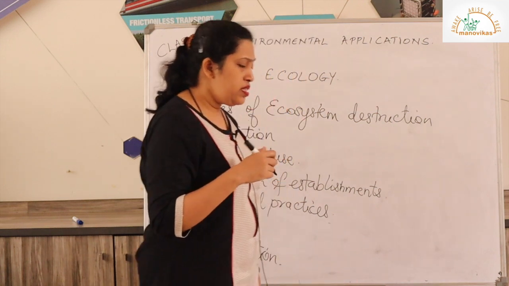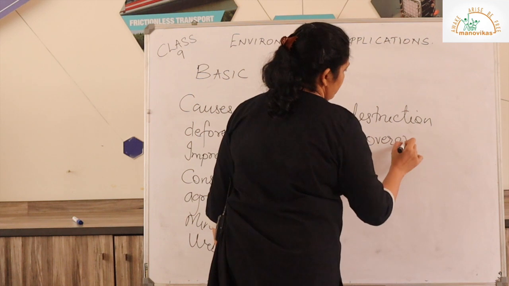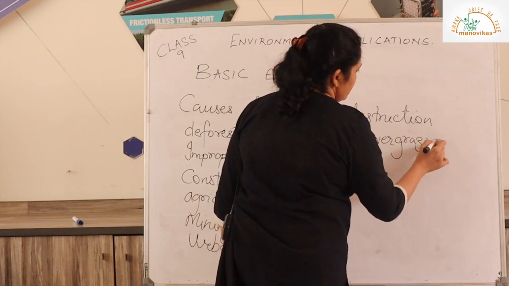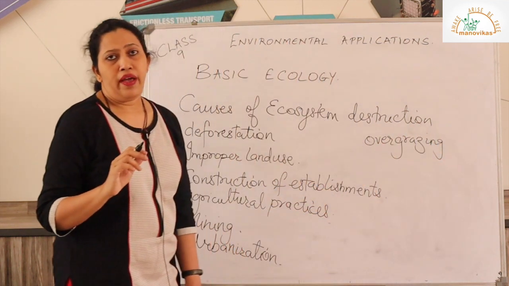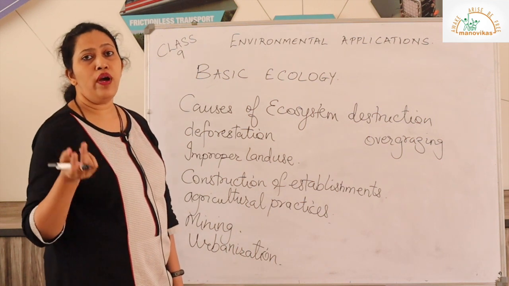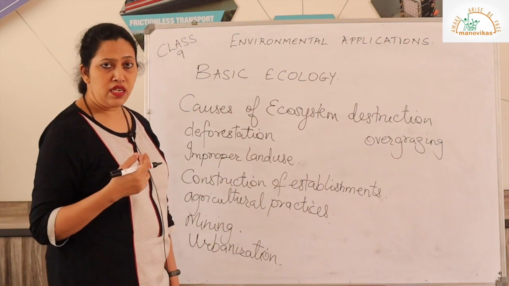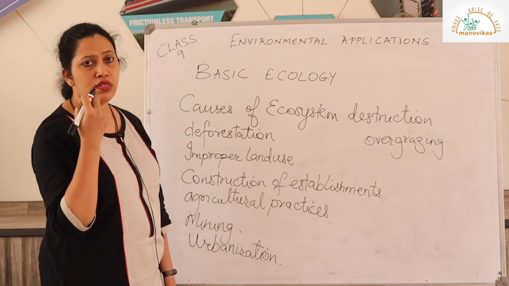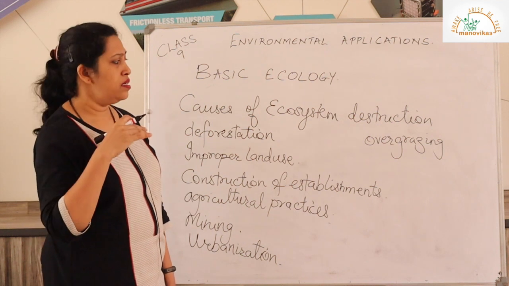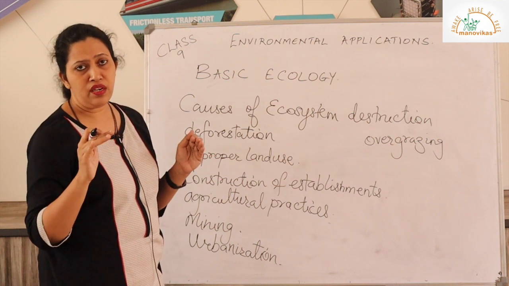Then we have overgrazing. As the population increases, there are more farmers, more people who have livestock, so the livestock also increases, and when there is overgrazing, sometimes they eat the root itself, and there are a lot of hooves moving on the sand or soil.